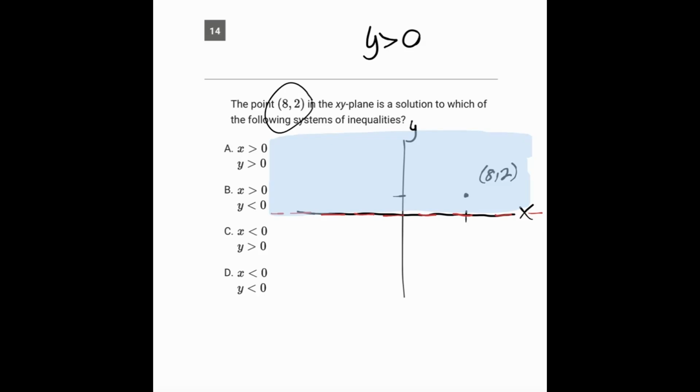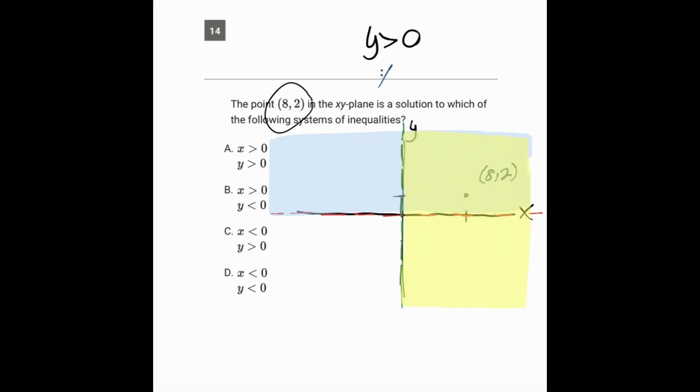Now, we also want to be on the right-hand side, on the greater side of this green line here, because (8, 2) is on the right-hand side of that line. So if we shade to the right of that green line, now that green line, that's the line x equals 0, because everywhere in this yellow region here, the x value is greater than 0.